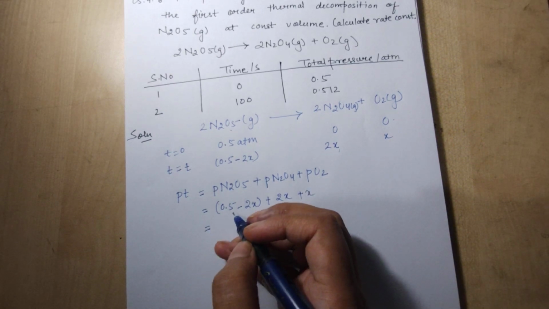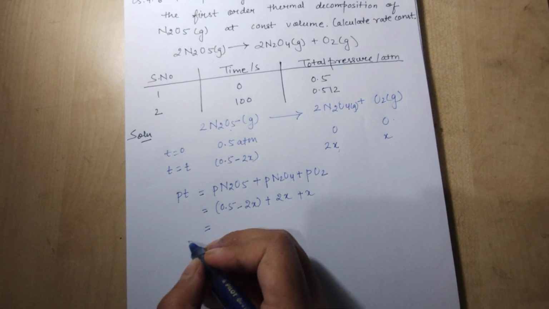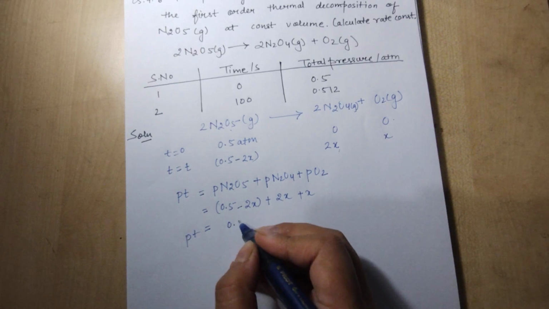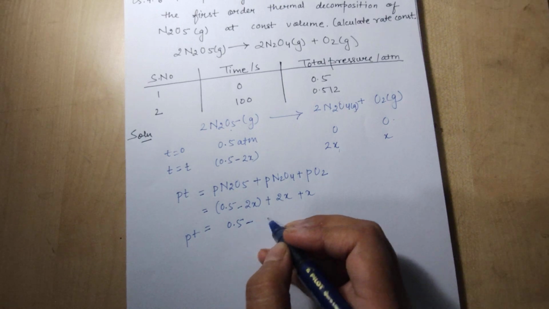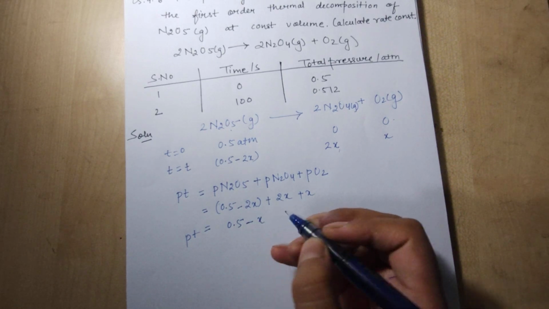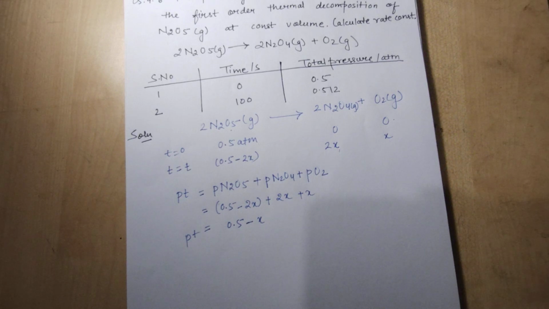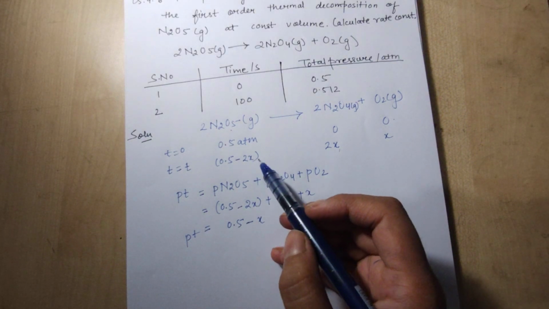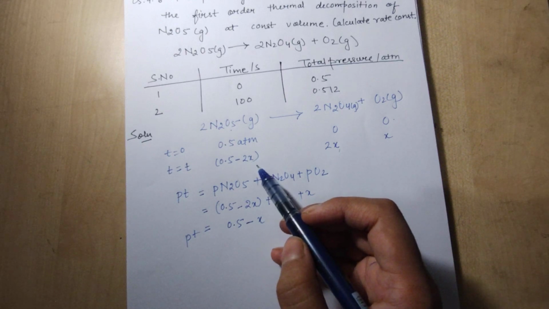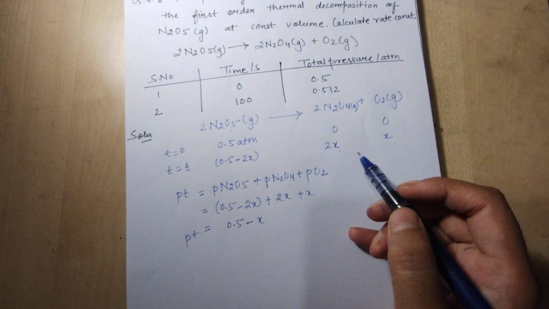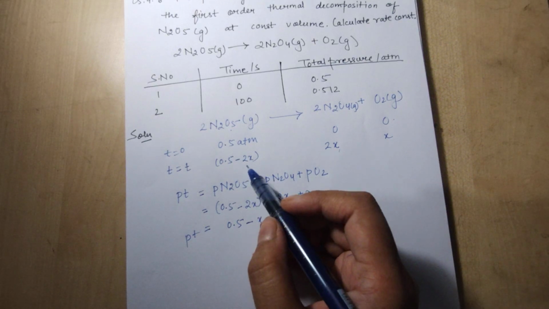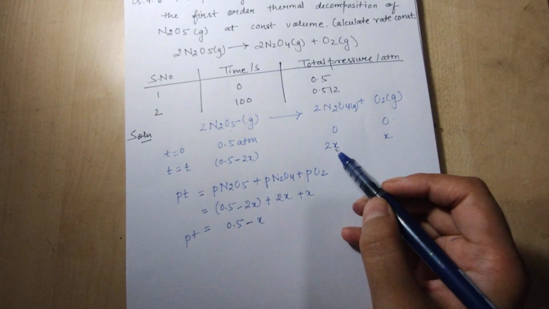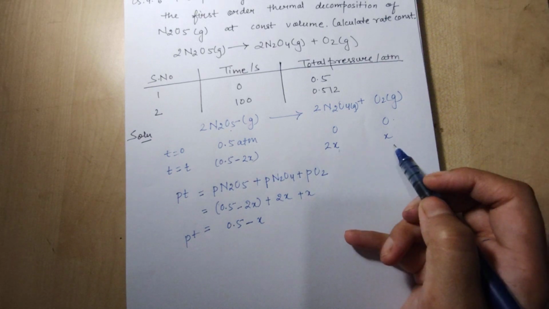So total pressure will be 0.5 plus x. And here you note that when initial pressure decreases, then final pressure increases. So here the initial pressure is decreasing to become the final pressure, that is 2x and x.